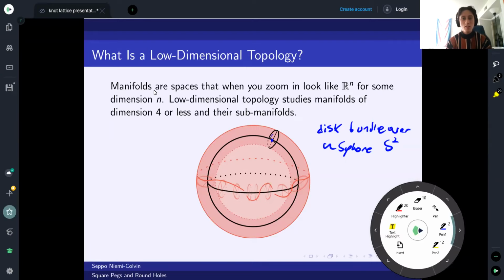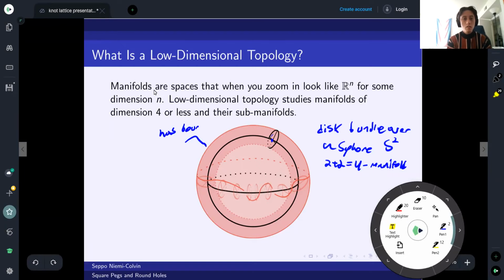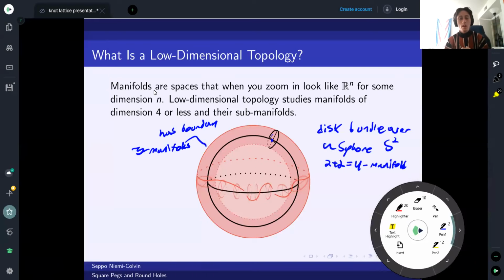Because there are 2 dimensions for the sphere and 2 dimensions for the disk that it's been thickened by, we get that this is a 4-manifold. This is special compared to our other ones because this is a manifold with boundary, which will be a 3-manifold. So the edges of these disks come together to form a 3-manifold themselves.